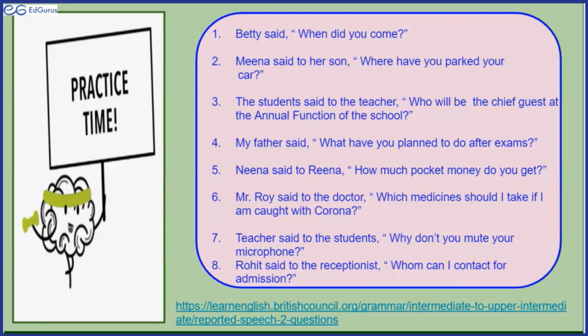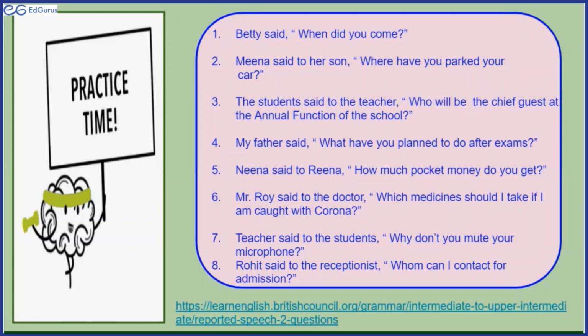And when you change it into a simple sentence, then what does it become? When you did come. You remember? This is what I told you. Yes, ma'am. This is a trick. Okay, we have to understand. When you did come, soon after the question word is the subject and then the helping verb.